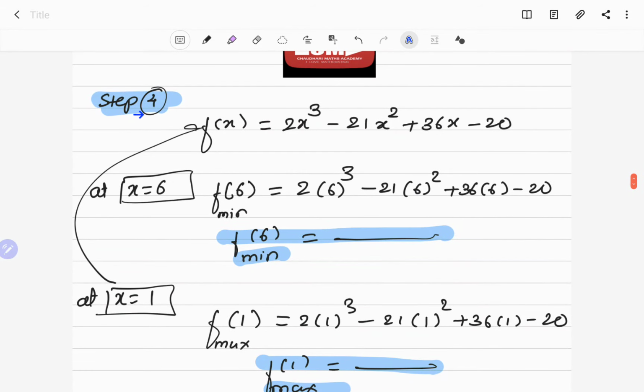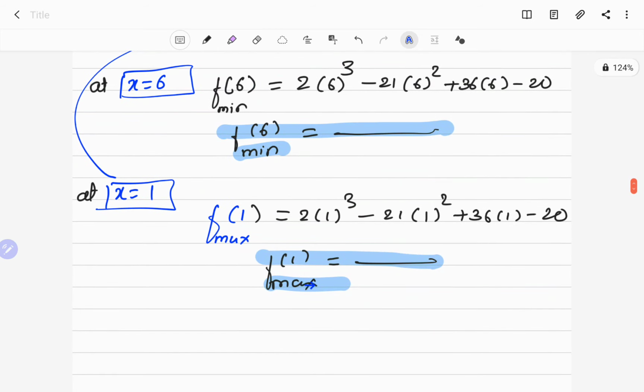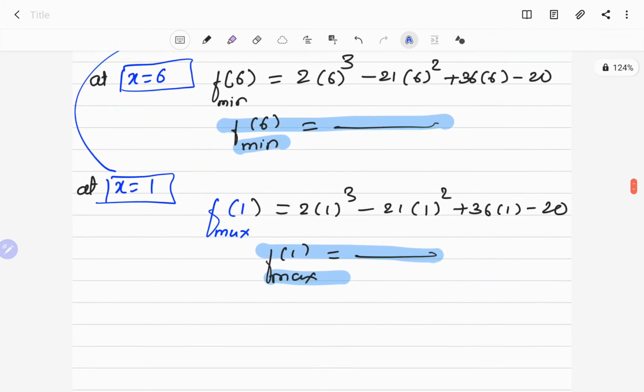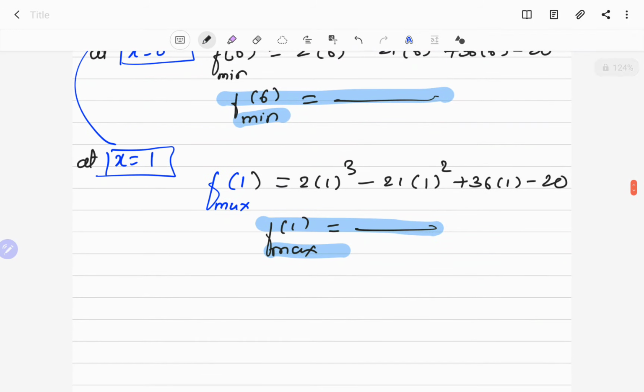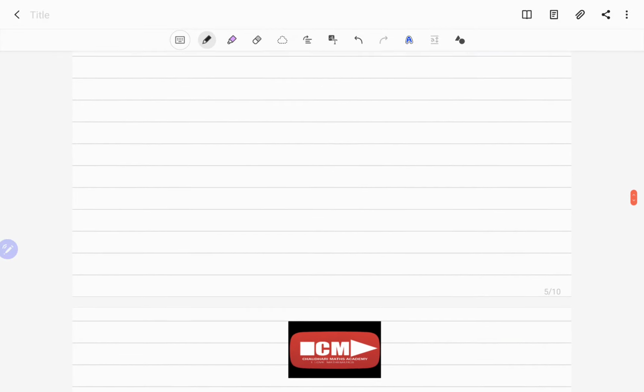Therefore in step number 4, I started with the function, and in that function please substitute x equal to 6, which leads to the minimum value of the function, because there was a minima at x equal to 6. And if you substitute x equal to 1 in the given function, you will get the maximum value of the function. So these are the 4 steps that you have to follow in any maxima and minima problem.